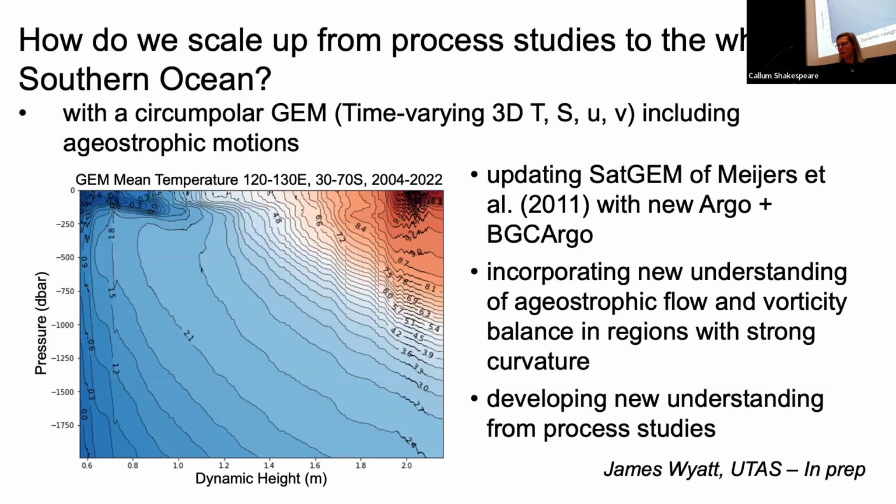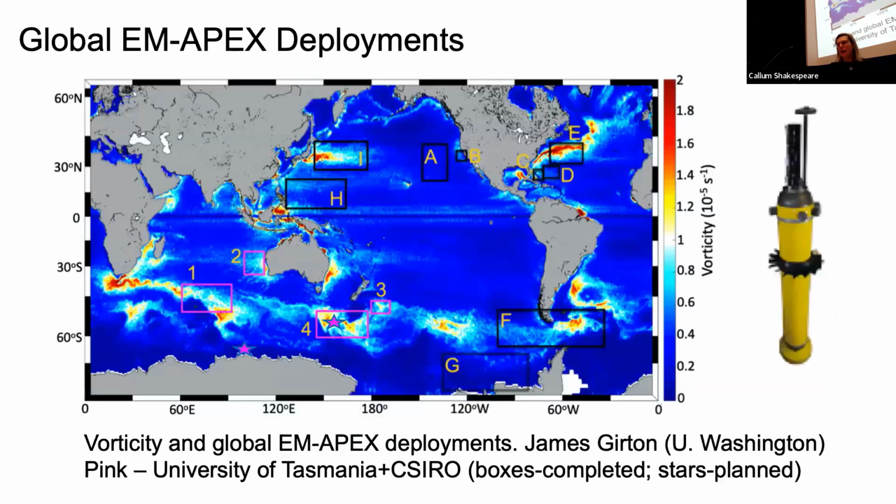So that'll be a huge advantage. And then, of course, we'll continue to mine the existing data sets where we have co-located velocity and density information, and the stars indicate locations where we plan new deployments.